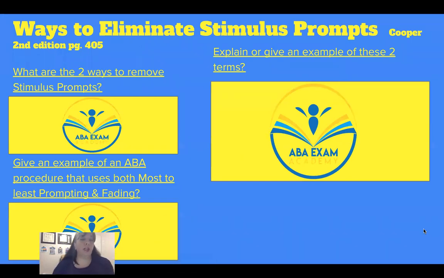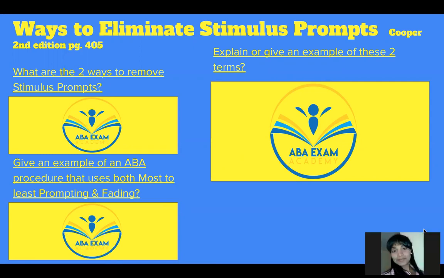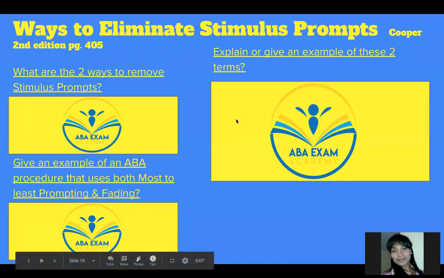Okay. So with that, we're going to talk about the other one, ways to eliminate stimulus prompts. Okay, so that's page 405 on Cooper. What are the 2 ways to remove stimulus prompts? Is it stimulus fading? Okay. And shaping? Yes.